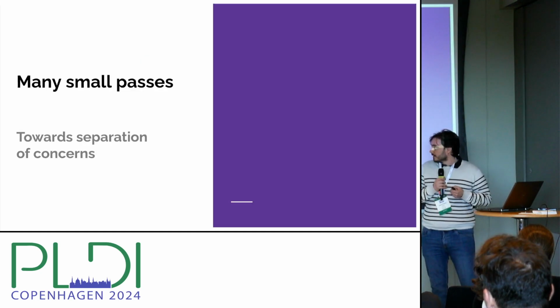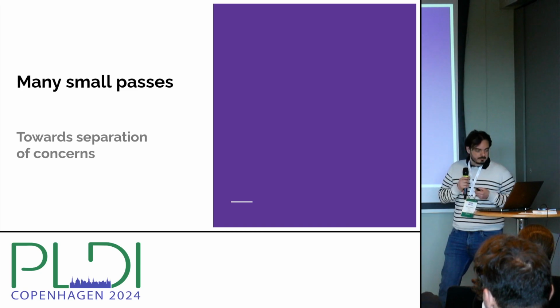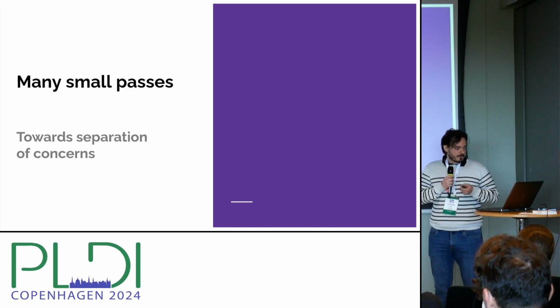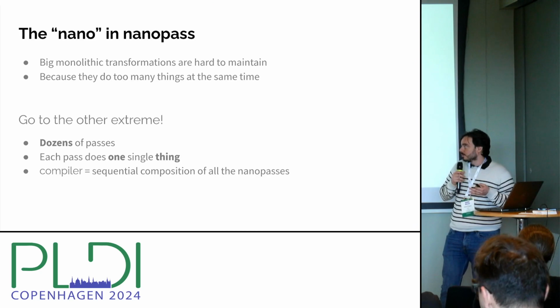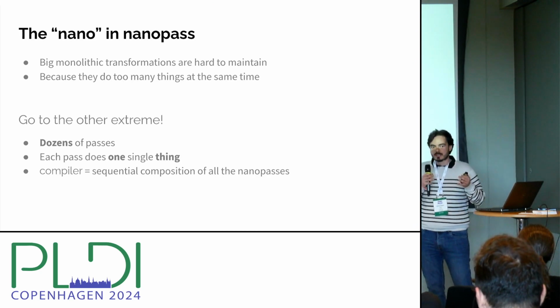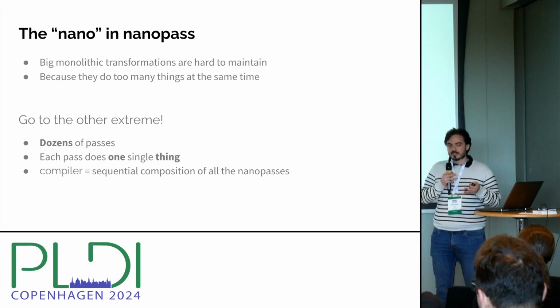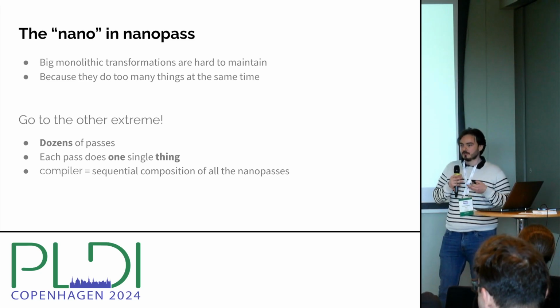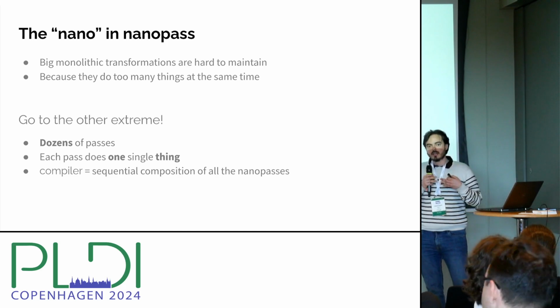So let's start with the small passes. We want small passes, and I'm opposing this to a big monolithic transformation pass. I'm talking about that because we started with this four years ago when we started the Ada frontend.